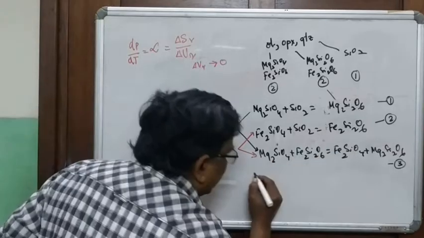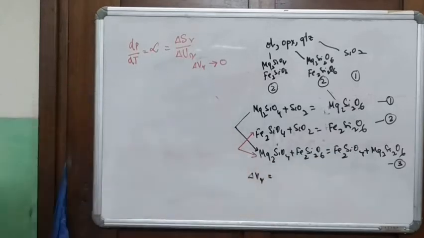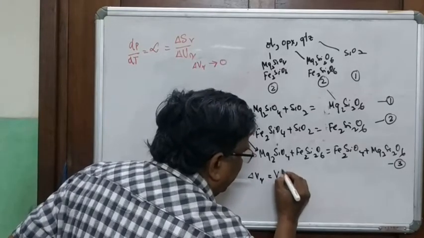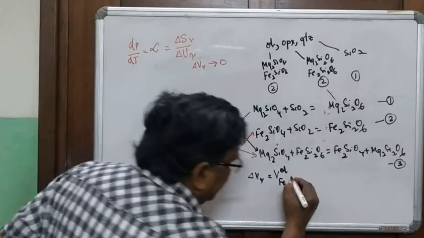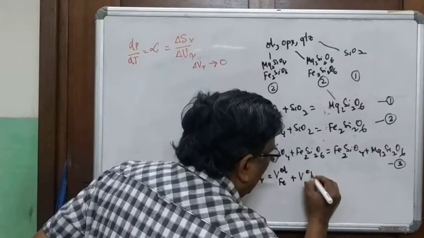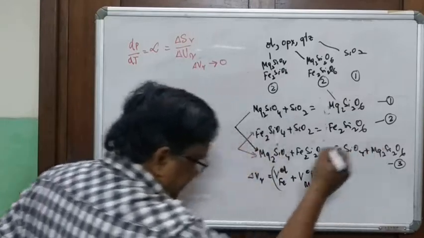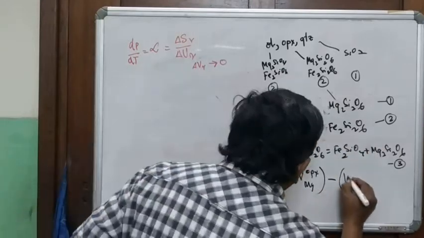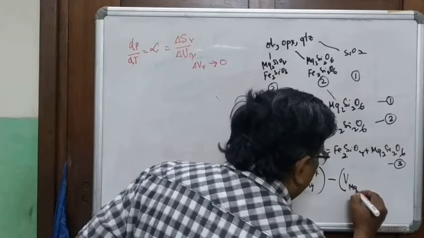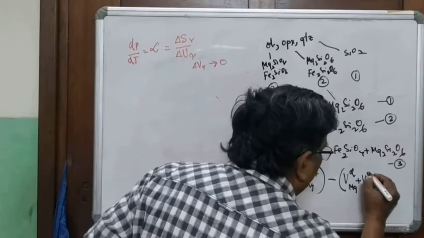For this reaction, delta V R is product minus the reactant. So volume of Fe olivine plus volume of Mg in OPX, this is the product as written, minus V Mg olivine minus V Fe OPX.